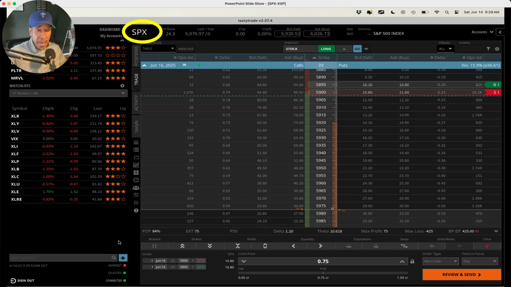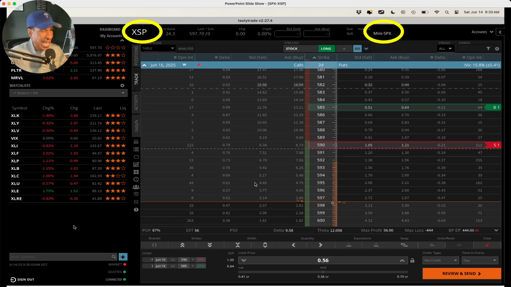The fact of the matter is that the risk is a lot smaller on the XSP as well, because the price has to travel a larger distance in order for you to have a complete loss. In order for you to have a complete loss on the mini SPX, the value of XSP has to drop below 585 on the day of expiration.